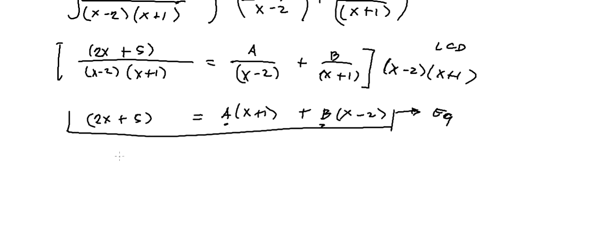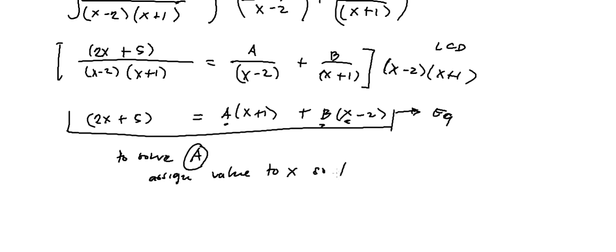To determine them, let's solve the value of A first. To solve for A, we need to assign a value to x in order to make this term vanish, so that B will vanish.